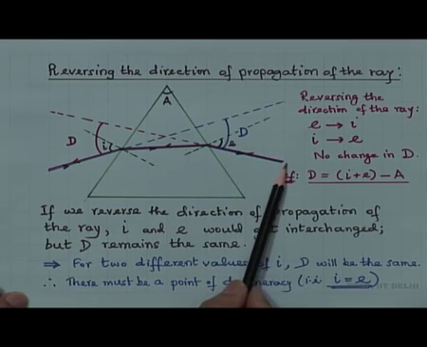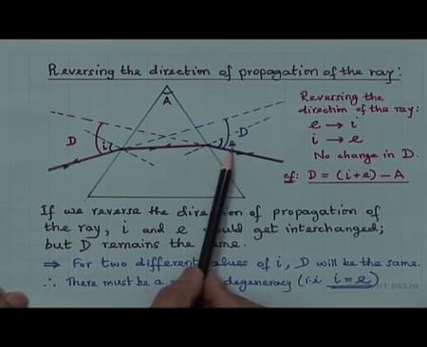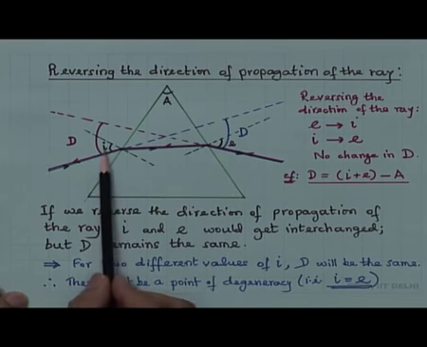However, if the ray were to be incident from here at an angle E, then I would be the angle of emergence.